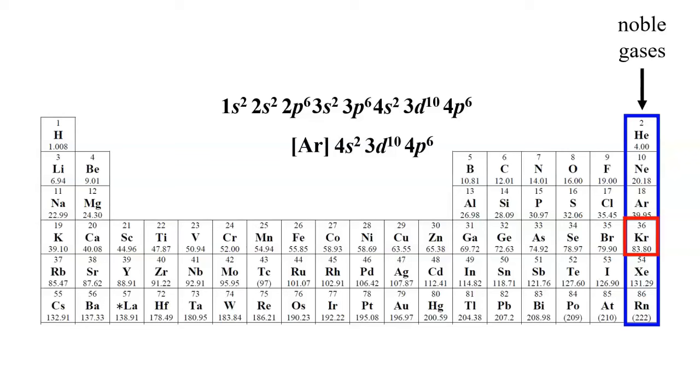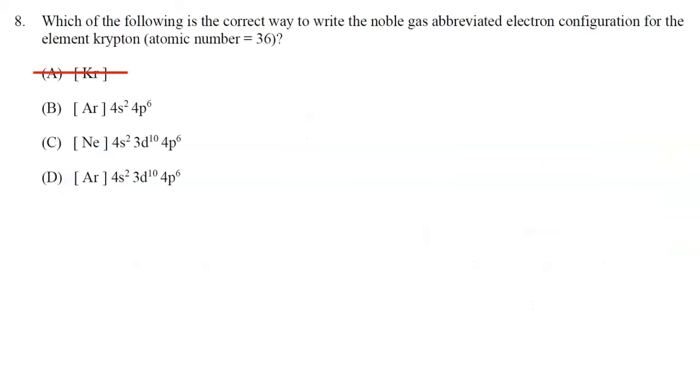So what you are seeing here is both the complete and the noble gas abbreviated electron configuration for the element krypton. So the correct answer to question 8 is choice D. Choice B is incorrect because they forgot to include the 3d10 as part of the electron configuration, and choice C is incorrect because they used neon in brackets instead of argon in brackets. So again, the correct answer to question 8 is choice D.